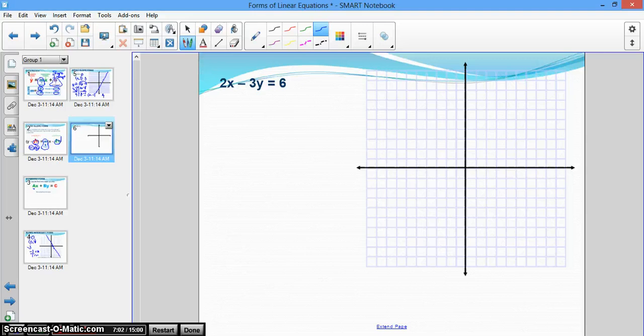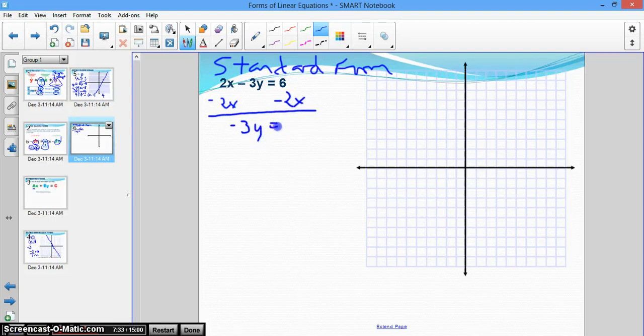All right, so let's look at one other form, the standard form. And again, the way we usually use this form is by solving for y as a literal equation. So if we did that, the first thing we would do would be minus 2x to get this to the other side. So we would have negative 3y equals negative 2x plus 6.